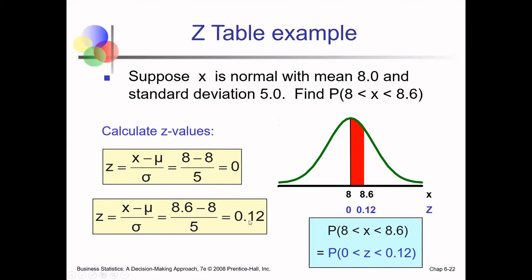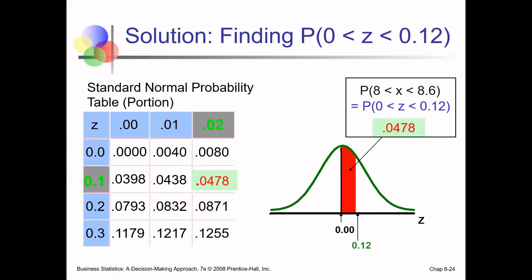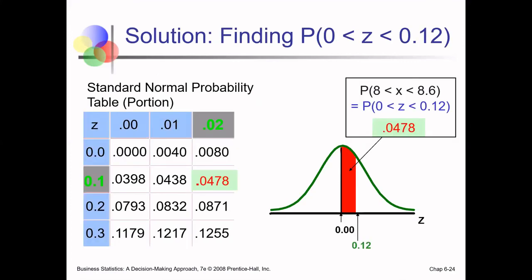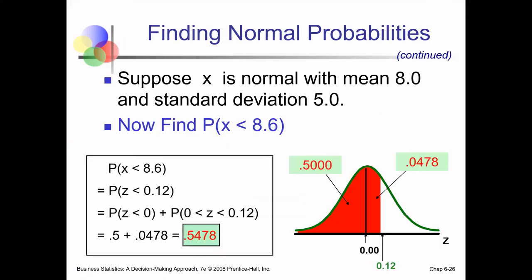And we again have the same x is less than 8.6. We want to find the probability. See the diagram: it shows 0.12, and less than means the below side, the left side.